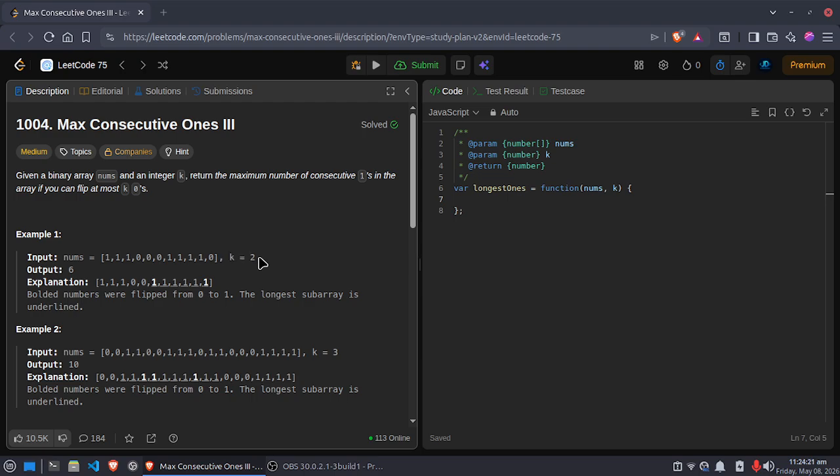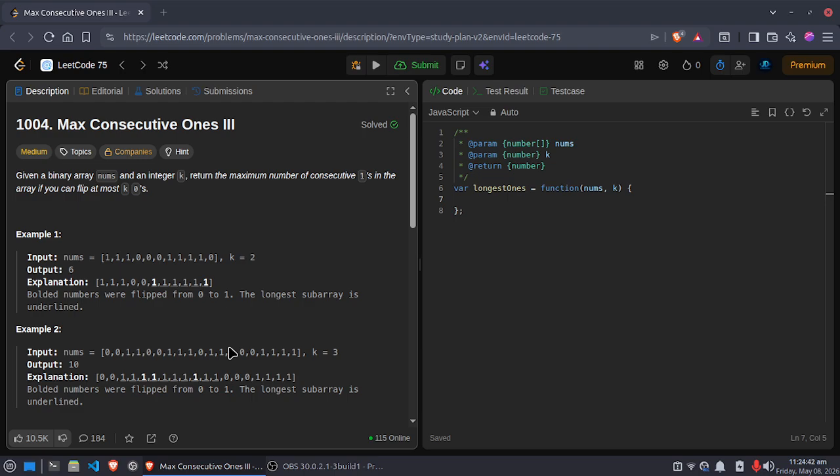Like here k is equal to 2, we can flip 0 to 1 only 2 times in this array. Here k is equal to 3, we can flip 3 zeros in this array from 0 to 1. And we need to find the longest consecutive subarray containing only ones.